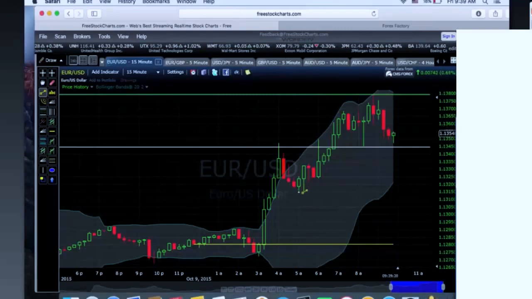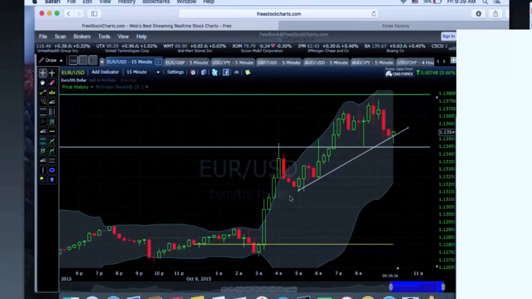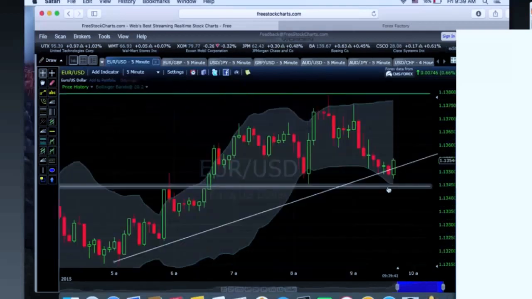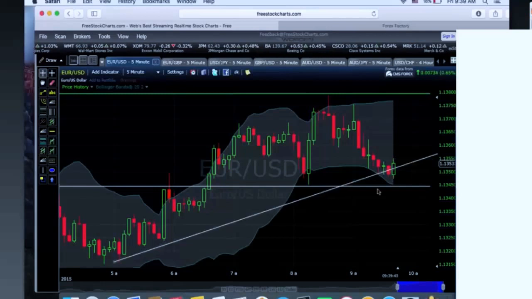That's Euro USD, right? Yeah, on USD. This is my line here, and we have a nice candle here that came back to the trend line, but I don't know.